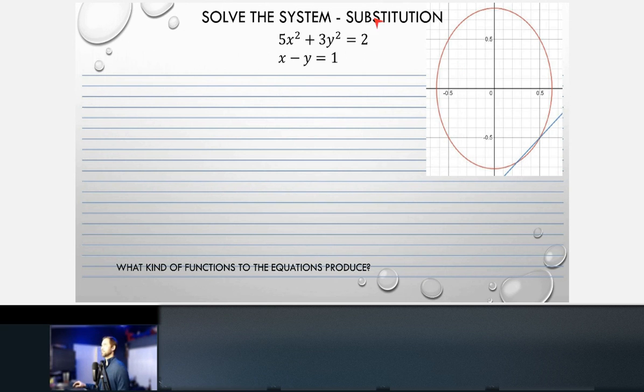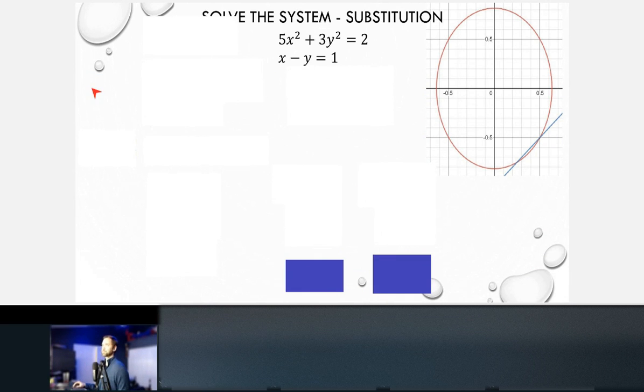All right. To solve by substitution, how do we do this? Ideas. Brady says solve for x, so x equals y plus 1. Okay, let's do what Brady says and solve for x.